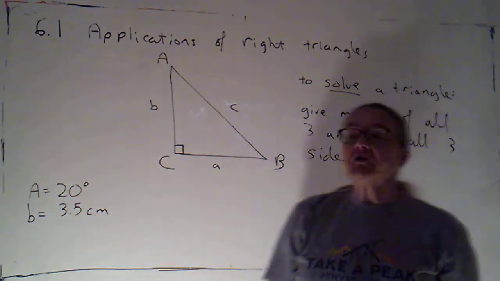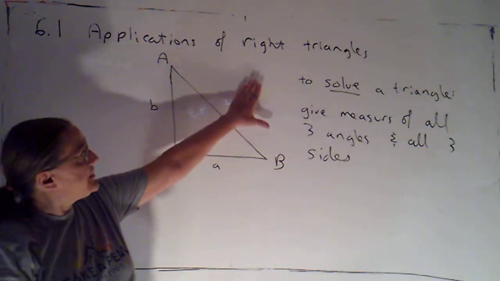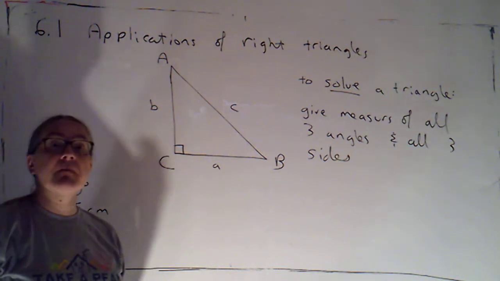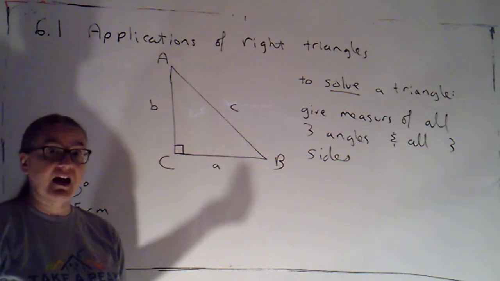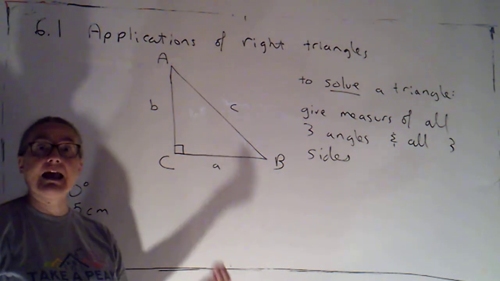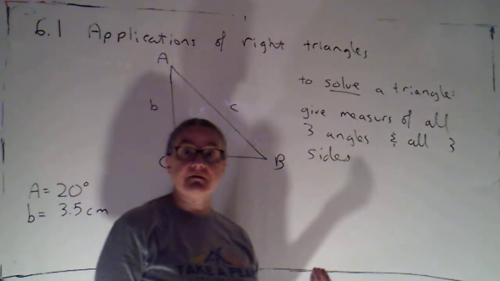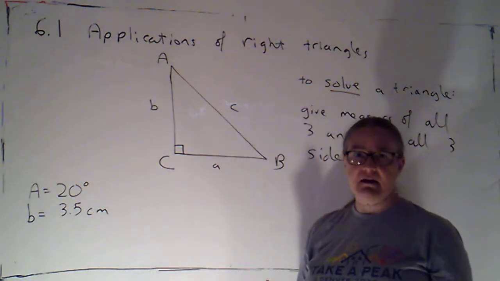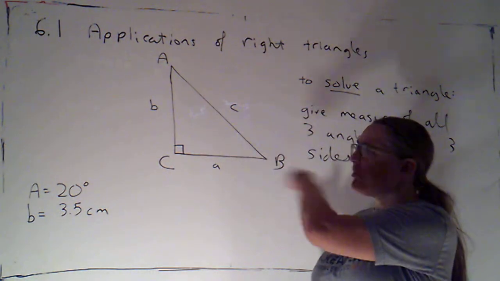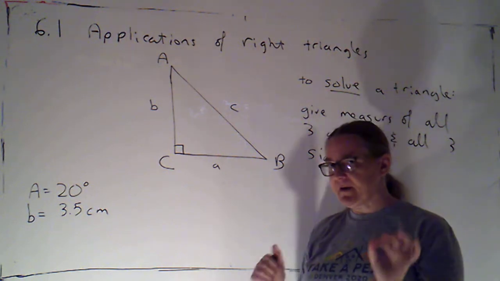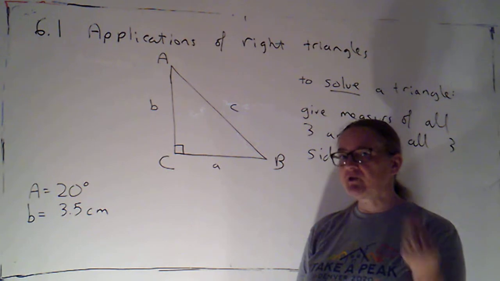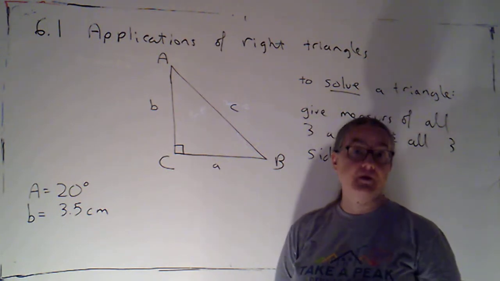Okay, so then I also tell you that to solve a triangle simply means to give the measure of all 3 sides and all 3 angles. So it's giving a total of 6 pieces of information. And generally, if we have 3 of those pieces, as long as it's not all 3 angles, and at least one of those pieces is a side length, we generally have enough information to solve the triangle.